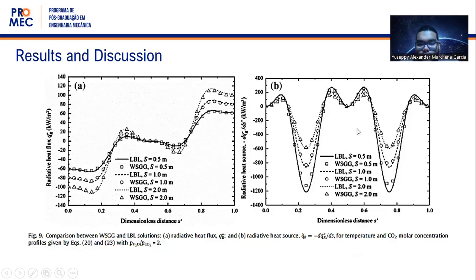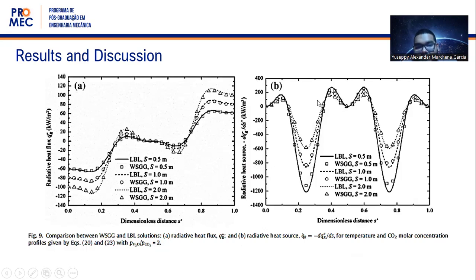So here we have a radiative source, right? We remember that in the past figures we had just one peak of the source and relative flux here, right? But now we have 1, 2, 3, 4, right? Two up and two down.